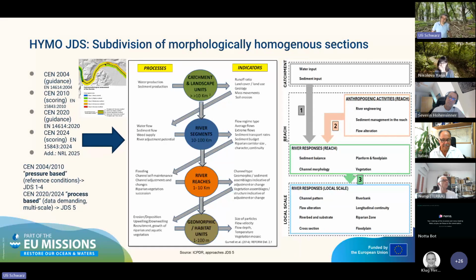And on this reach level, we get, let's say, those base conditions, together with anthropogenic activities, river engineering, sediment management, flow alterations, etc. And we get a kind of river response on this reach, but even not on the reach, even on the segments.